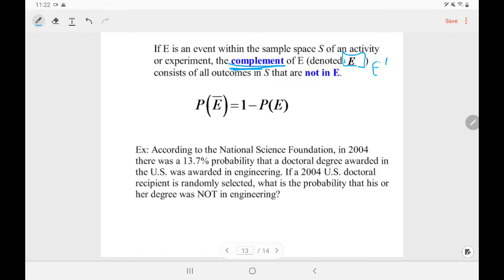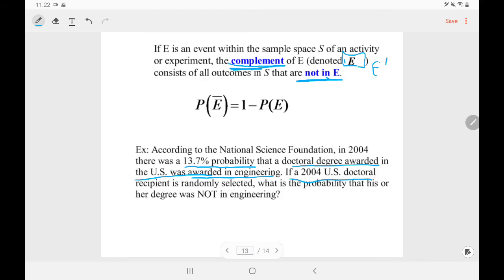The complement is all of the events that are not what I'm looking for. For example, according to the National Science Foundation in 2004, there was a 13.7% probability that a doctoral degree awarded in the US was awarded in engineering.